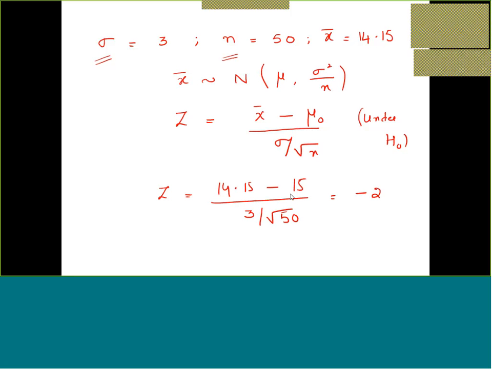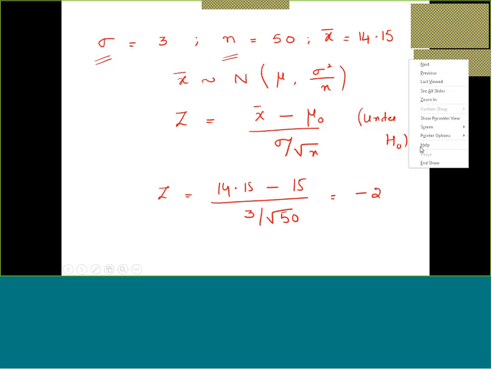This is a two-tail test, not a left or a right tail test. So first of all, how do you calculate the p-value? Because z is negative, as in our previous slides, we have to calculate the area left side to minus 2 and you have to make it twice. Yes or no? So what will be the p-value?